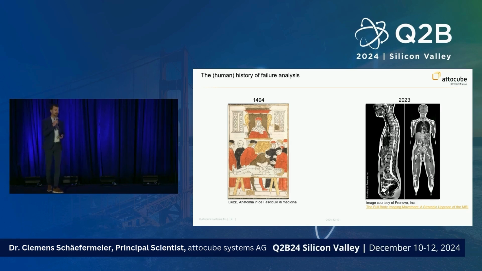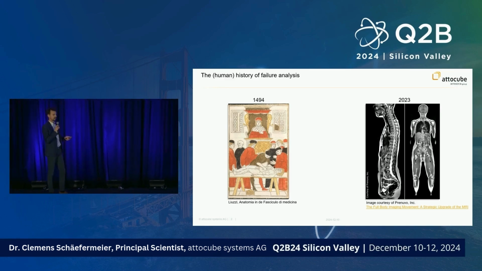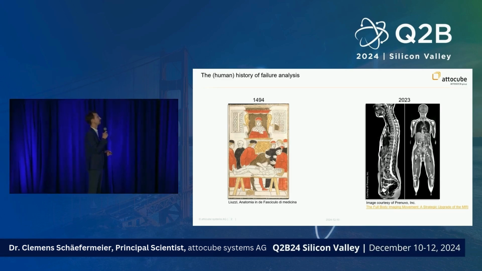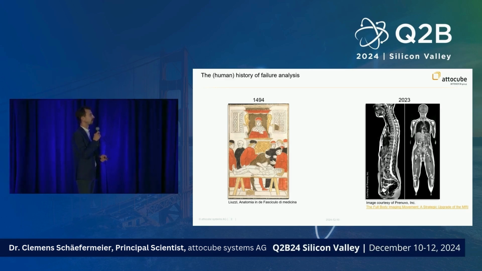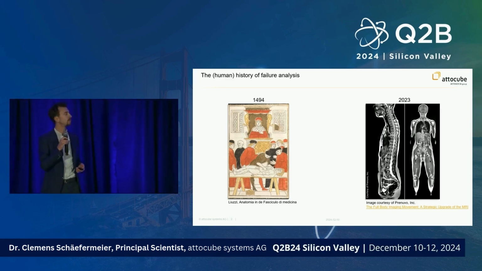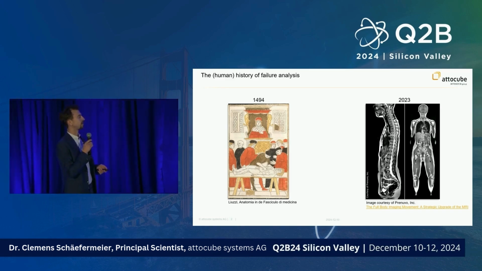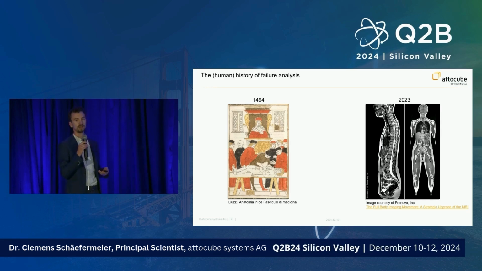So 500 years later, which is nowadays, we have techniques like MRI, and you have an in vivo and non-destructive way to analyze failures. And not only that, if you think about what MRI enabled us, pharmaceuticals, you are able to understand how the brain works and so on.